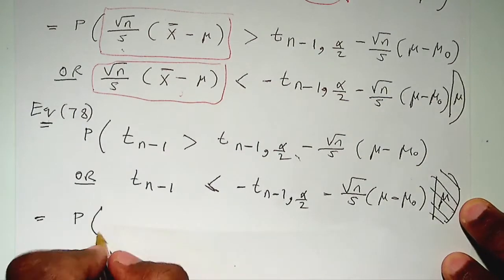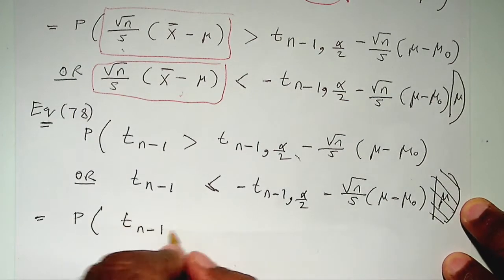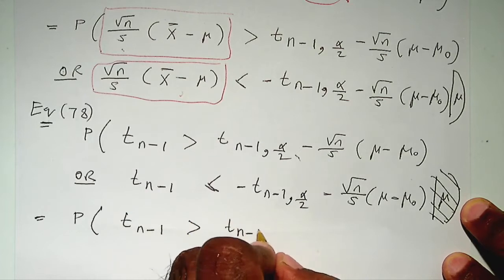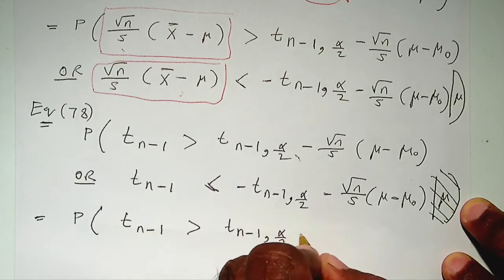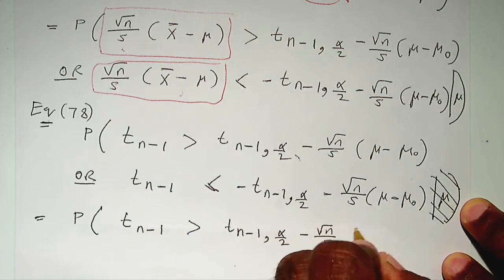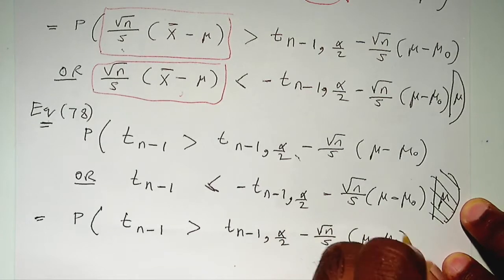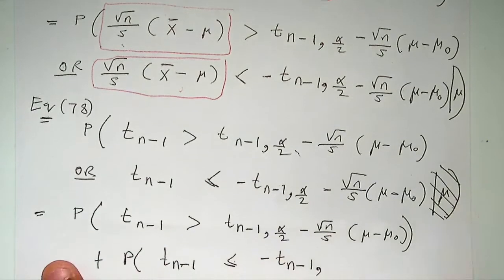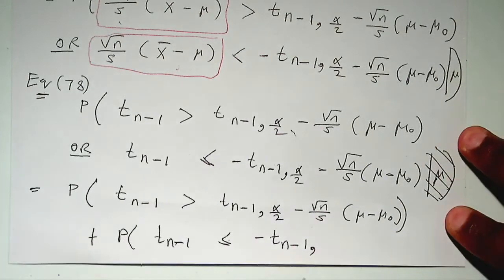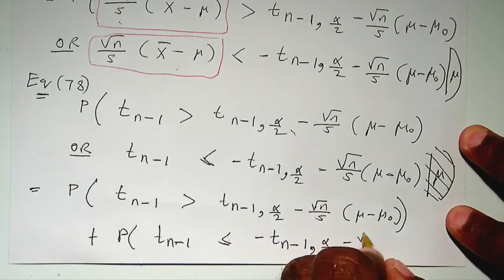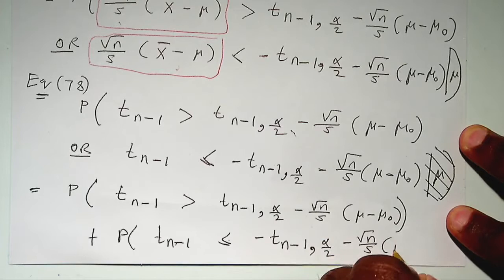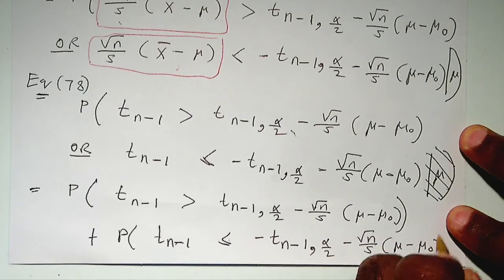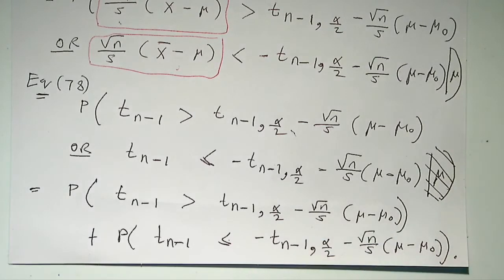So the final step, guys, is this plus this. Just give me a sec, guys. I know I'm running out of time. All right, so this is the power function.